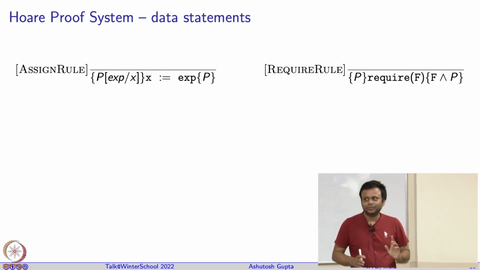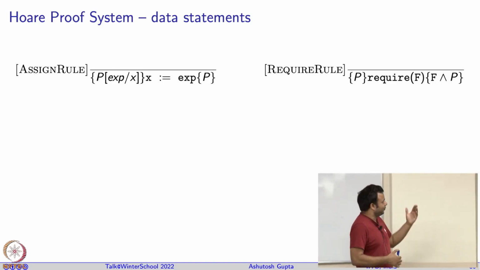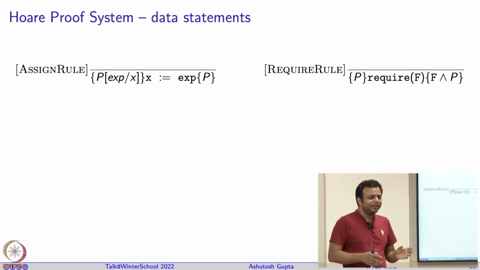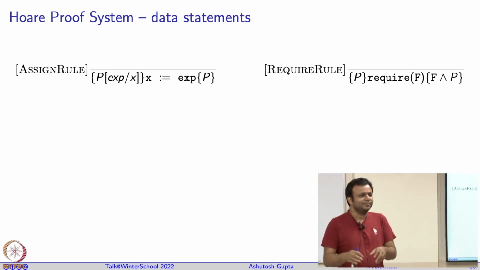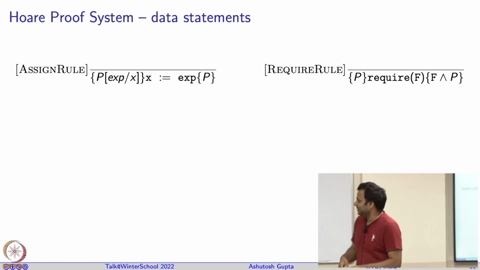So what the require semantics is saying is: if you start with a set of states P, you can only land in states where F is also true.